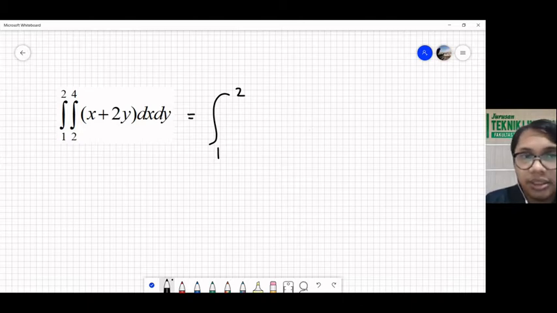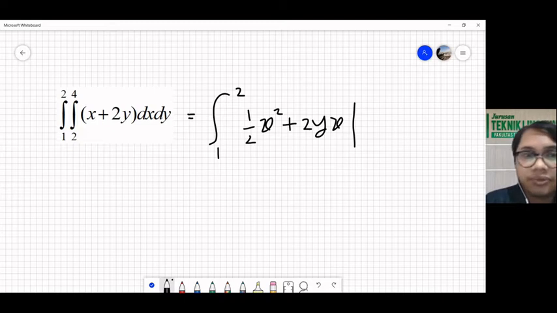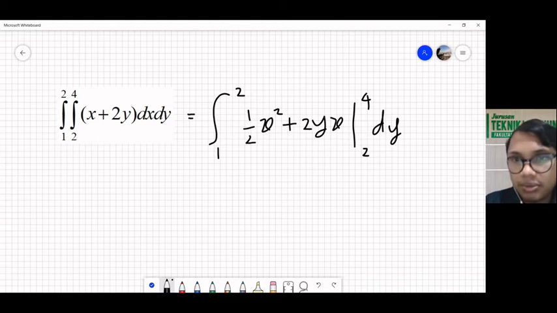So the integration for x becomes one half of x squared plus, because y doesn't have x here, when we integrate it becomes 2y. Now we write the limit for the integration, 2 to 4, and close with dy.